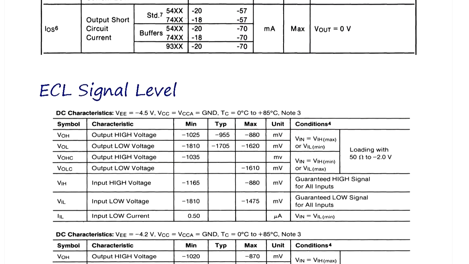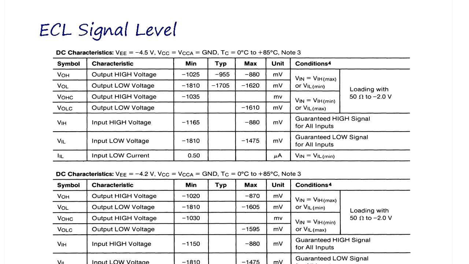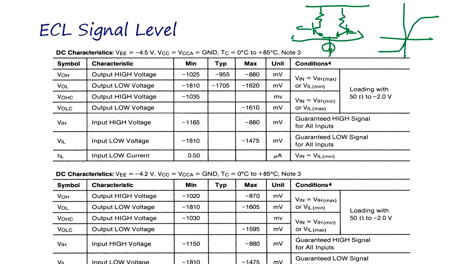Okay, ECL signal level is much different. The ECL circuit is inspired by the differential amplifier, and TTL also came from the amplifier, right? With this differential input, you have this kind of curve. This side is on and this side is off, and you have a differential output.